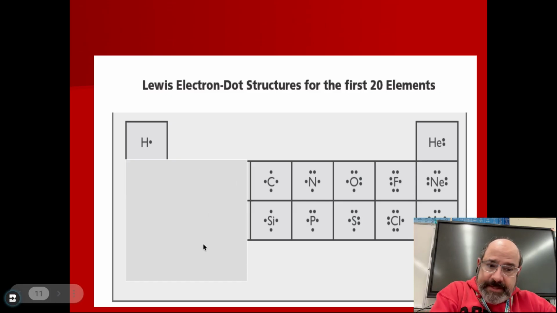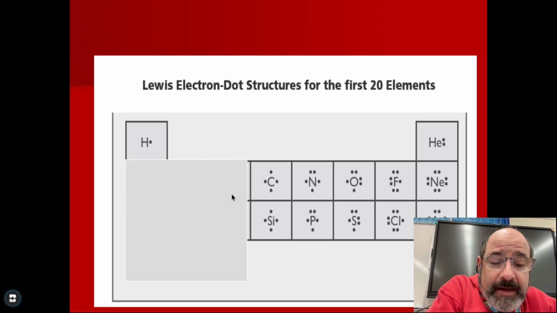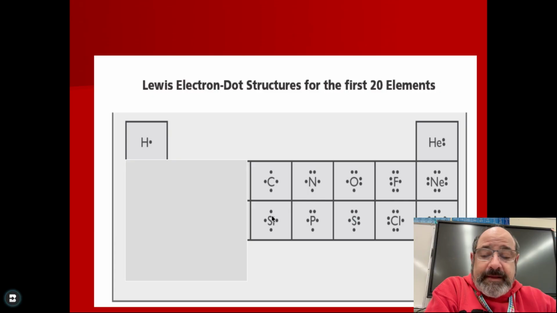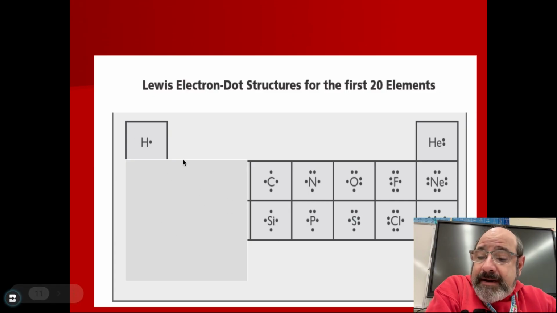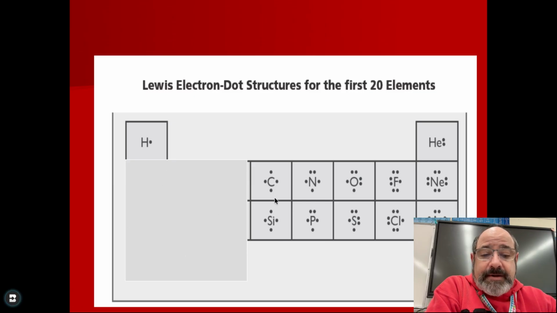Oh no, these guys are missing. Why are they missing? We're talking about covalent bonds here. Because they're covalent bonds, metals are not involved. That's ionic bonding, which comes later. So for now, they're gone. We're going to see carbon and silicon and nitrogen and phosphorus and oxygen and sulfur and fluorine and chlorine.